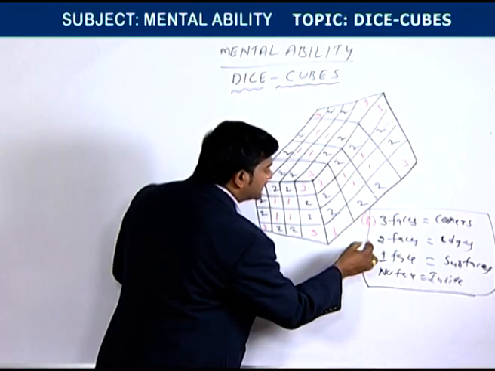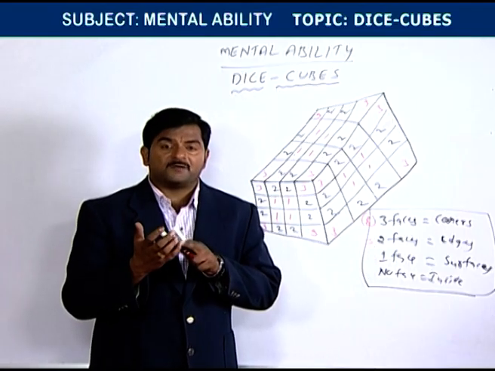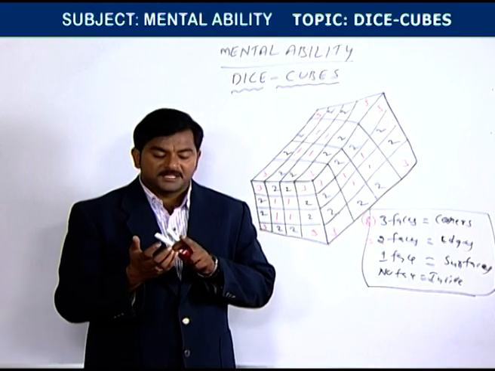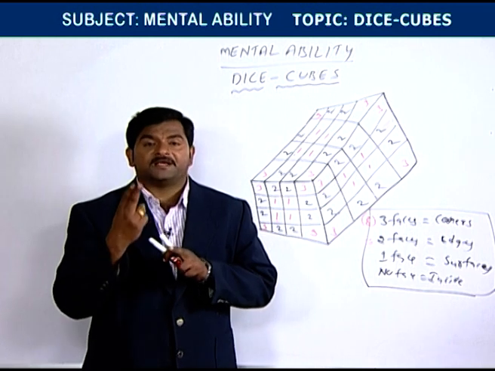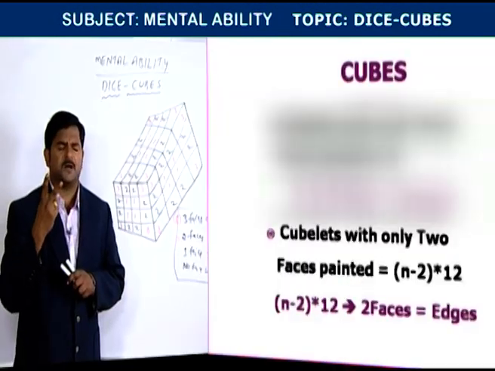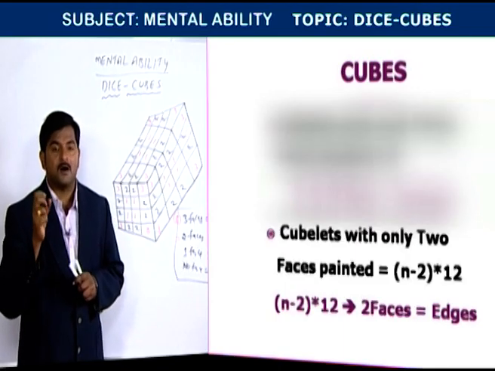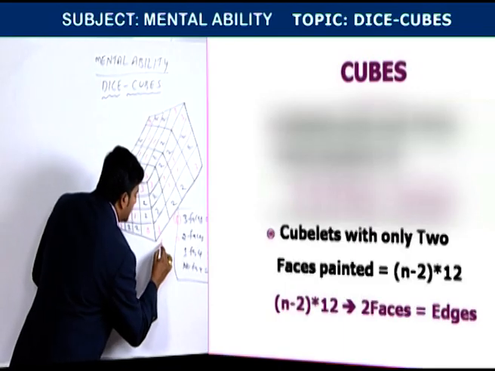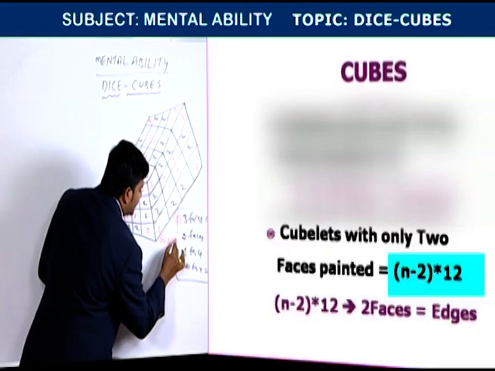Now observe here, the second point is 2 surfaces. Remember, non-math students, the number of smaller cubes with 2 surfaces painted is always equal to (n minus 2) into 12. (n minus 2) into 12.